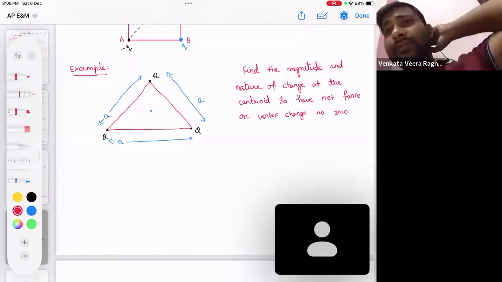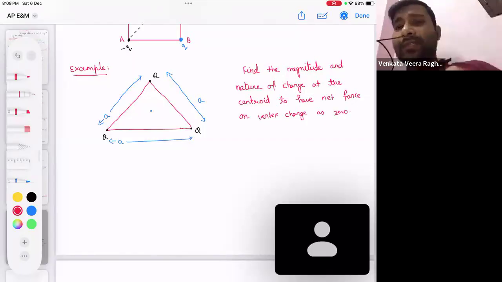Understood? And when a particle experiences net force as zero, do we call it something else also? If a particle is experiencing net force as zero, what do we call it?